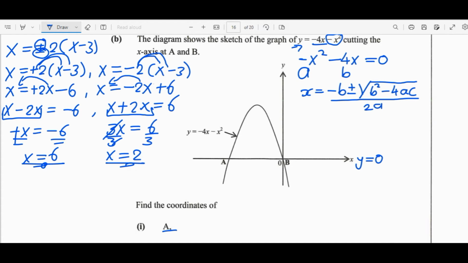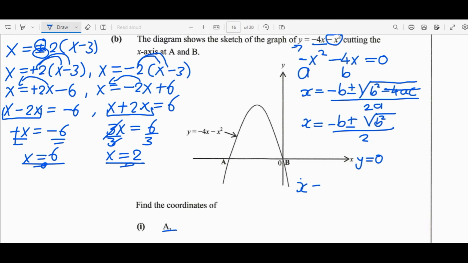Whenever you don't have a c, as long as a and b are there, you can just cancel this part. So the formula becomes x is equal to minus b plus or minus the square root of b squared over 2a. Right, let's solve this.